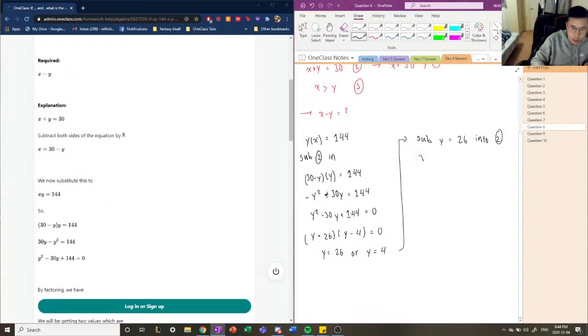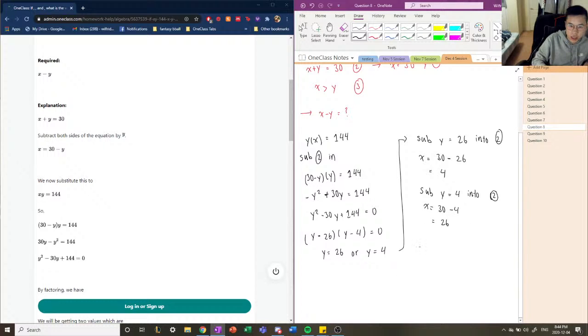So what do we get? x equals 30 minus 26, which equals 4. And if we sub y equals 4 into 2, we get x equals 30 minus 4 equals 26. Okay?